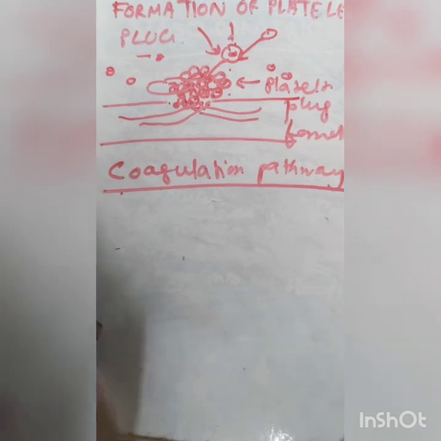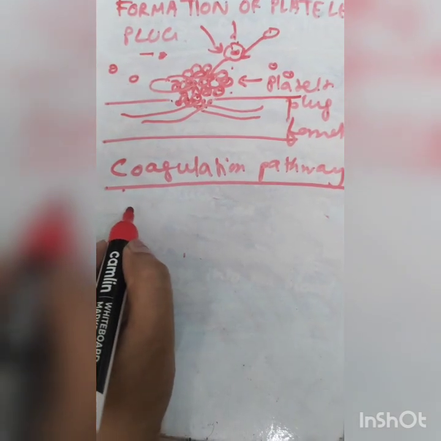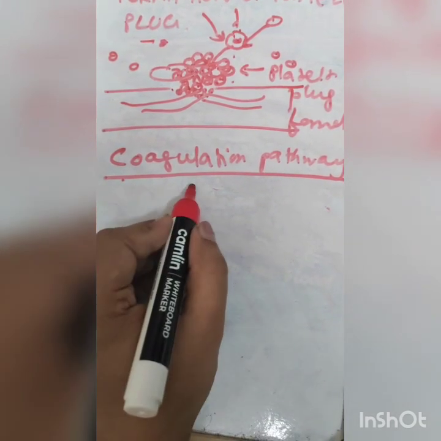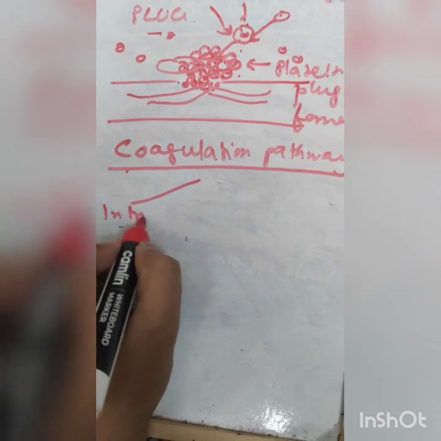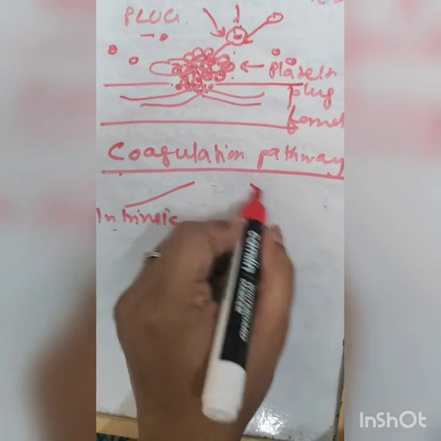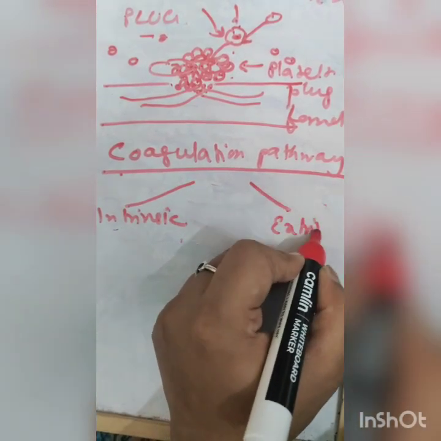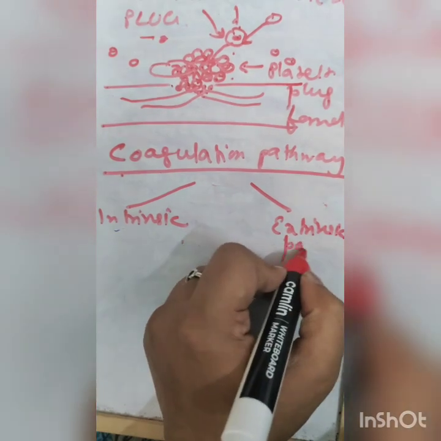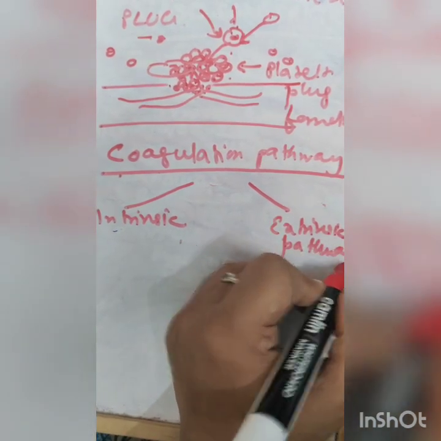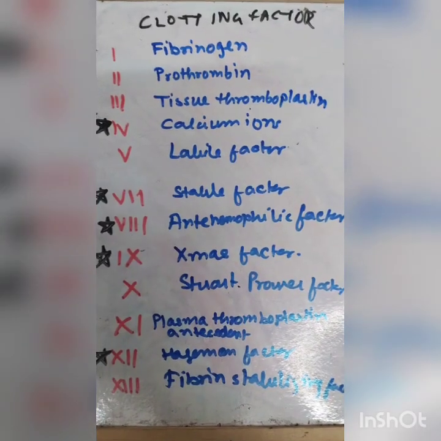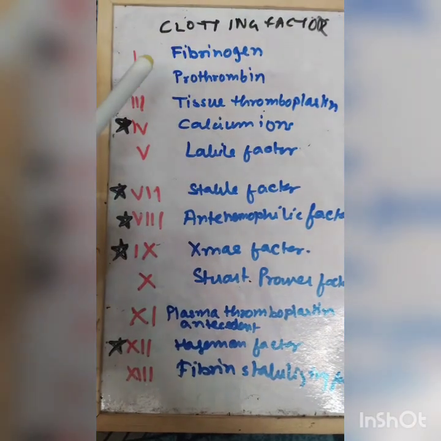Now, coagulation occurs through 2 pathways, okay, the intrinsic and the extrinsic pathway. Before we discuss the pathways, it is very important for you to know the clotting factors.